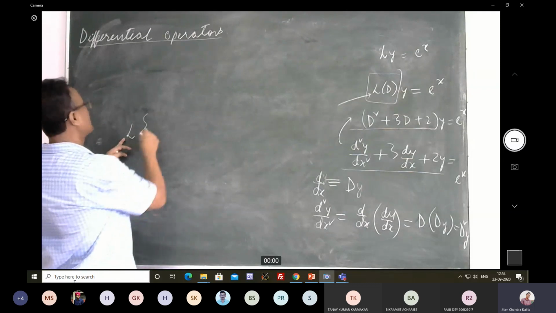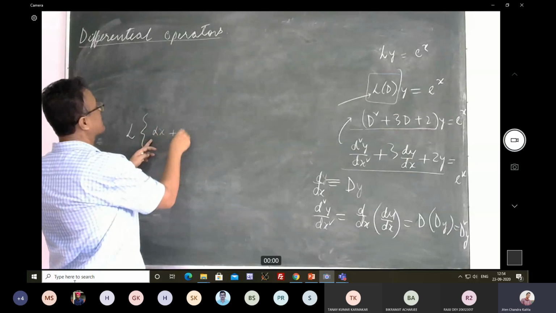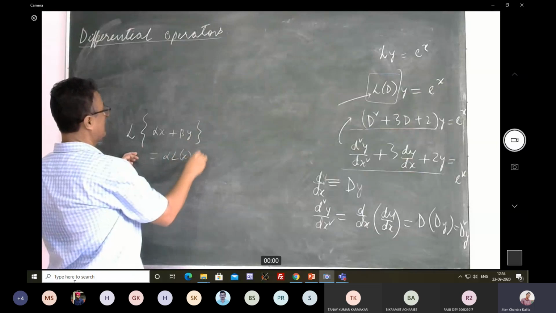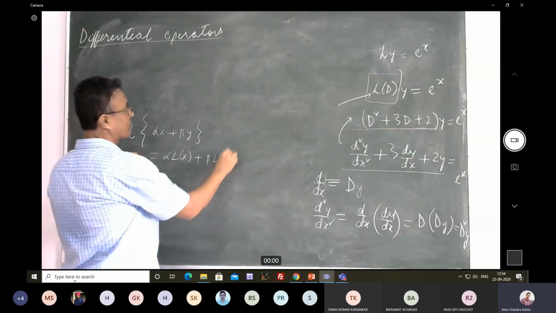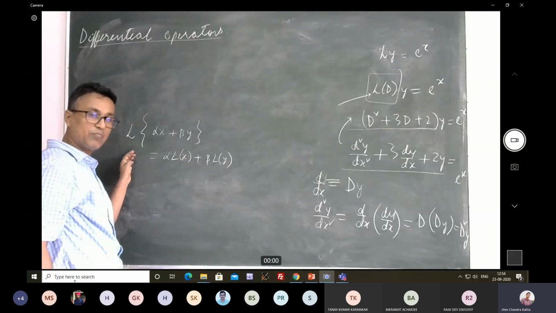Earlier I had something like L(αx + βy) equal to αL(x) + βL(y). The linearity you would have proved like this.